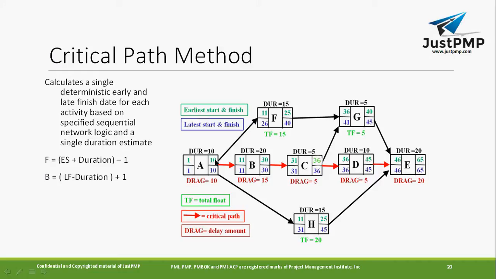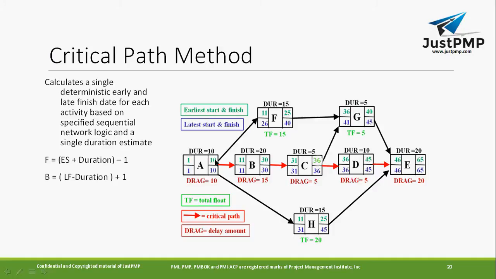That's the first thing. First, let's do the forward calculation. Then we'll come to the backward calculation. So let's see this. The green one, right? The green one is where we are doing the forward calculation, and the blue one is the backward calculation. So now you have the earliest start date plus duration minus 1.